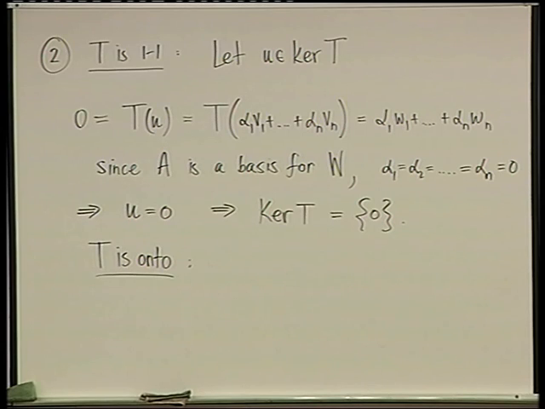If they have the same dimension, and the map is 1 to 1, then it's also onto. That was a previous corollary, just in the previous clip. Do you remember? Okay, so let's write that.